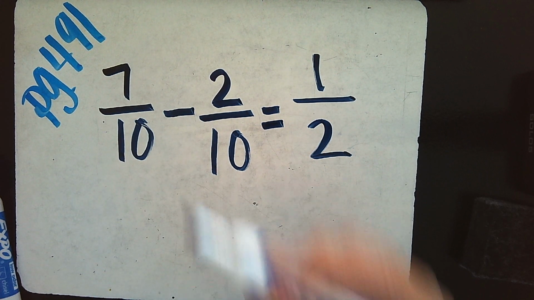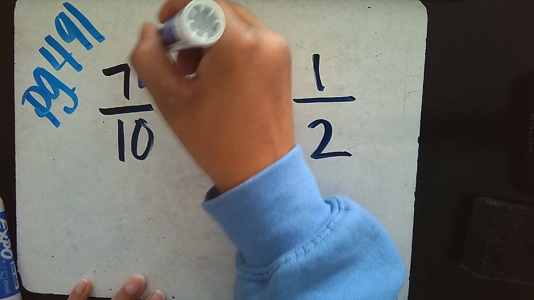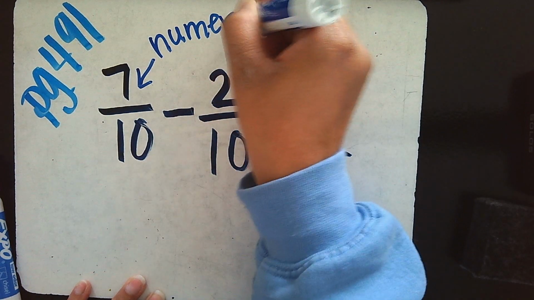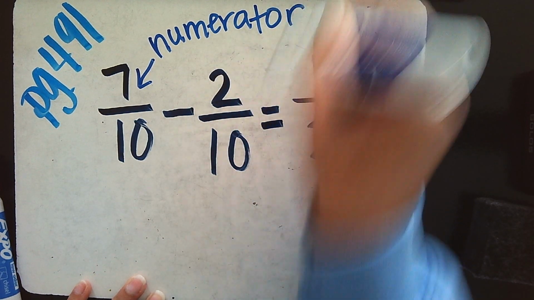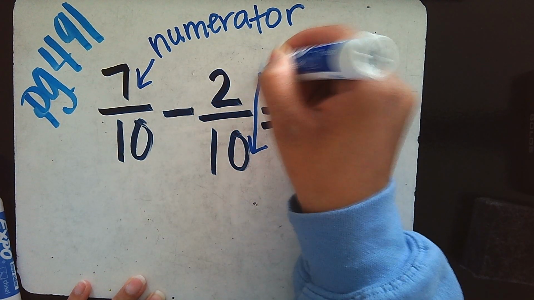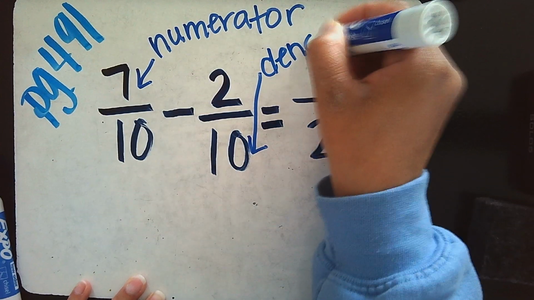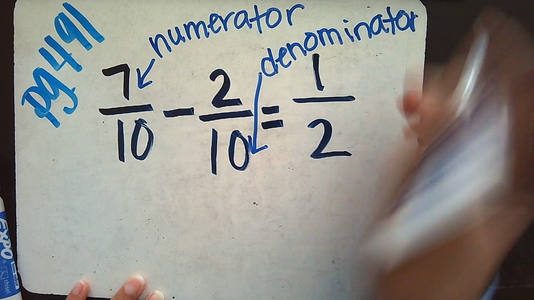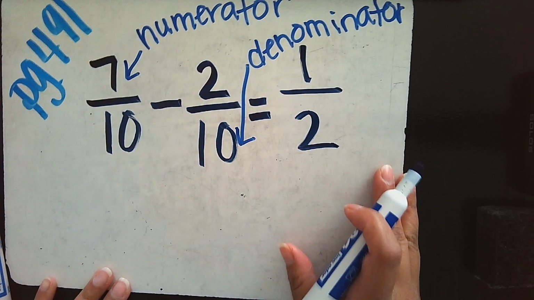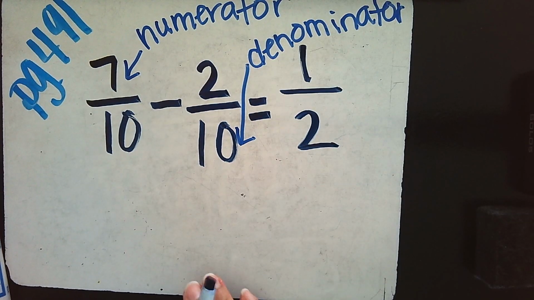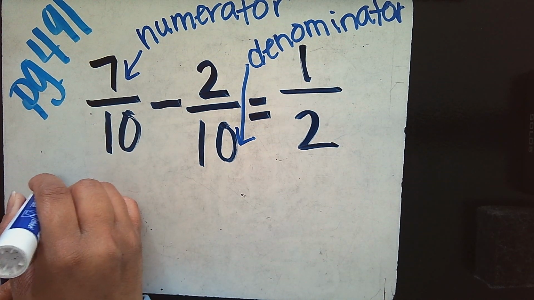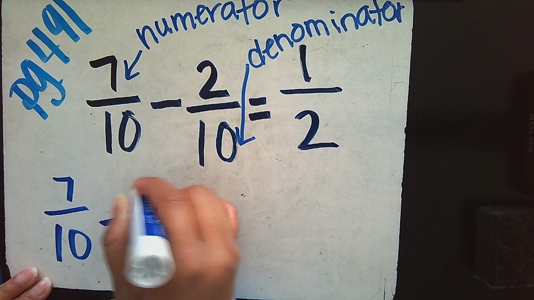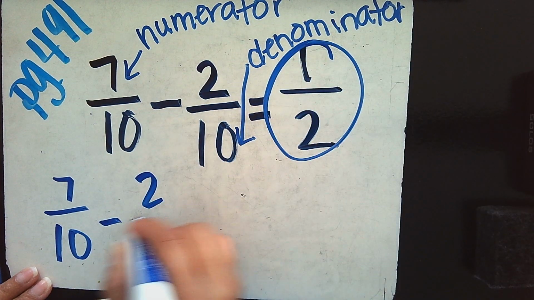Remember, when we are subtracting, our top number is called a numerator and our bottom number is called a denominator. Okay, so down here at the bottom, I want to set up my math problem again because we want to make sure that 1/2 is correct.